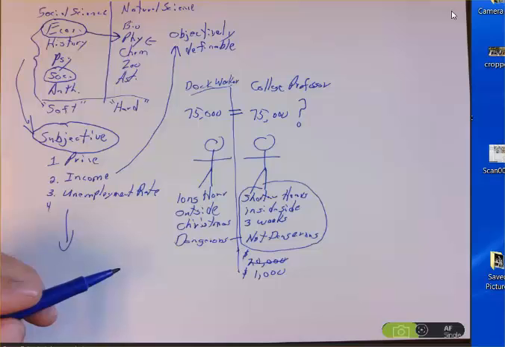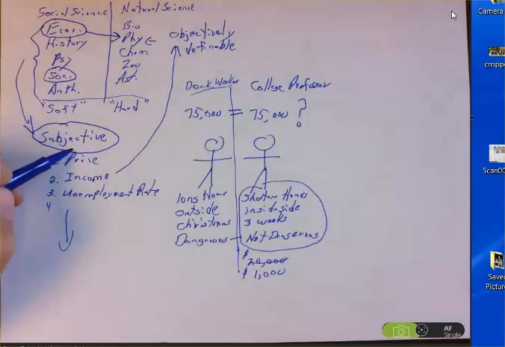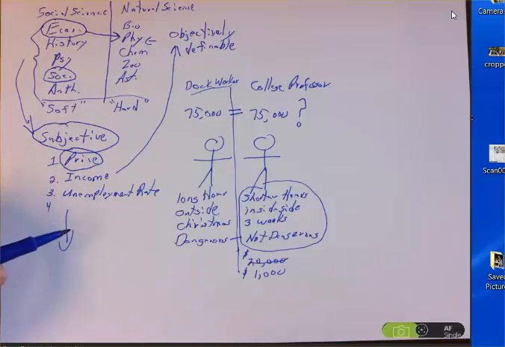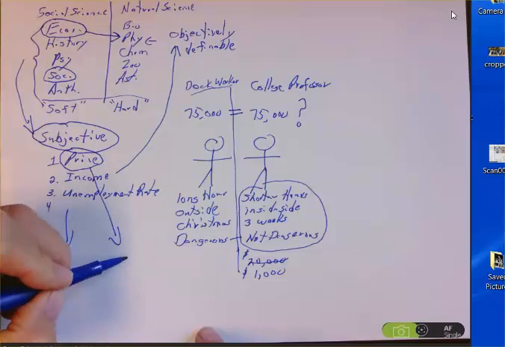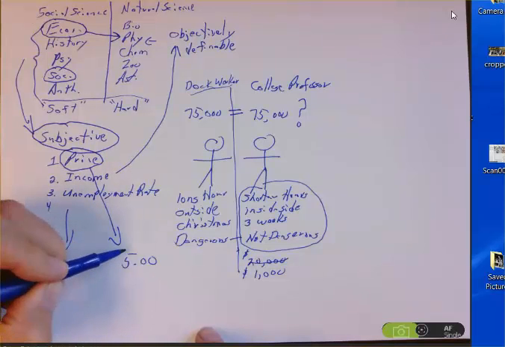Now this problem of the subjective nature of the variables is pervasive in all of the variables that we study in economics, even in price. I don't know how many of you are living on campus, but what does it cost to eat in the caf? Well, a person might say, it costs $5 to eat in the caf. And that's true.